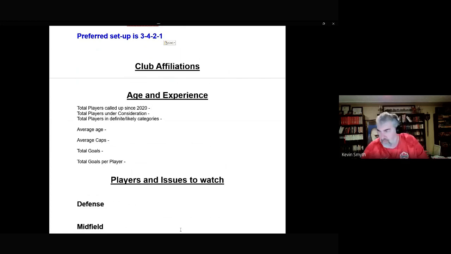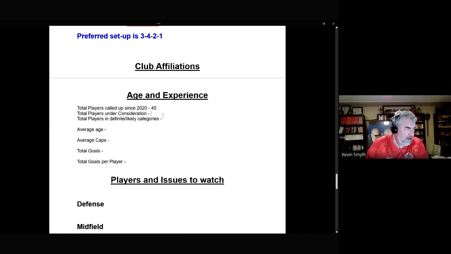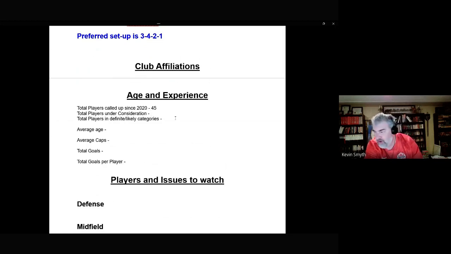And we've seen some countries, Mexico and USA, for example, still have more than 60 players on the table, but Denmark not so many at 45. In fact, it's lower than average. The average is 53, so a manageable number of players for Denmark.